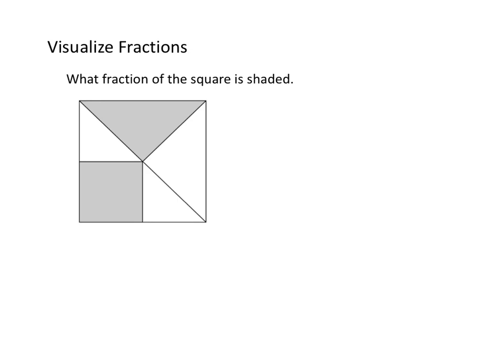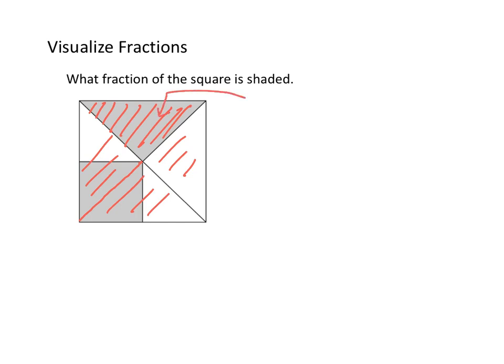Let's see if we can do that with this. What fraction of the square is shaded? Well, one thing that you could do to find out what fraction of the square is shaded, you could visualize, let's say, this shaded area here, and what would happen if we divided the whole thing into shapes like that. And if we draw this, then you might be able to see that we have 1, 2, 3, 4 of those shapes exactly that size. So this shape right here is 1/4, okay?